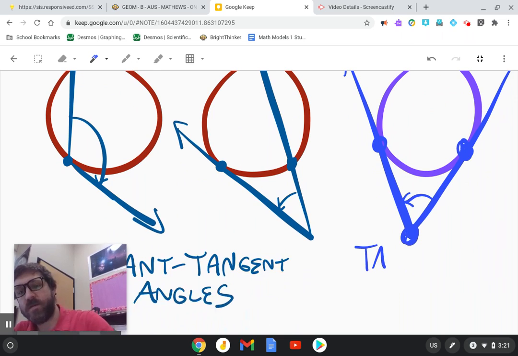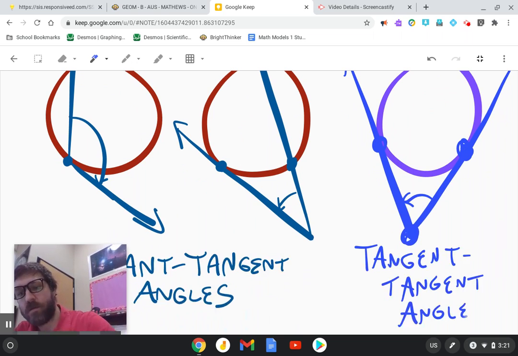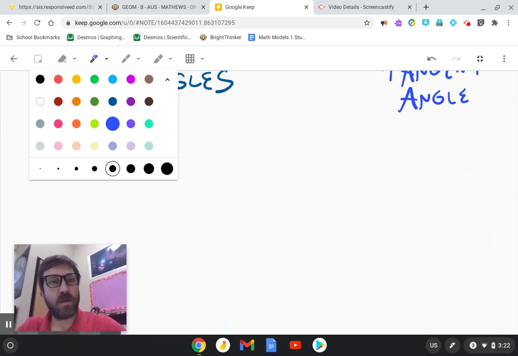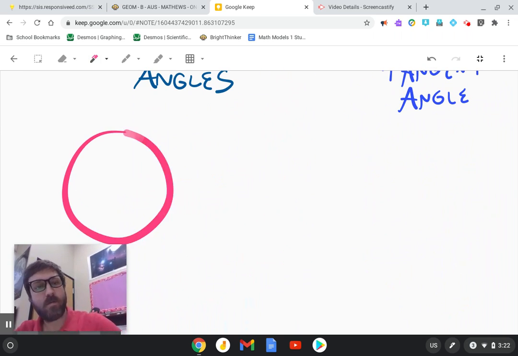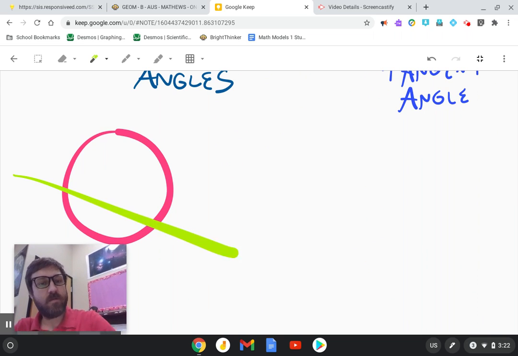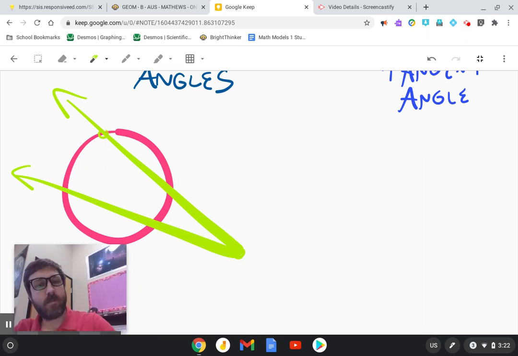So this is called a tangent angle, made up of two tangents. And then lastly, you can probably guess what it's going to be, a secant angle.